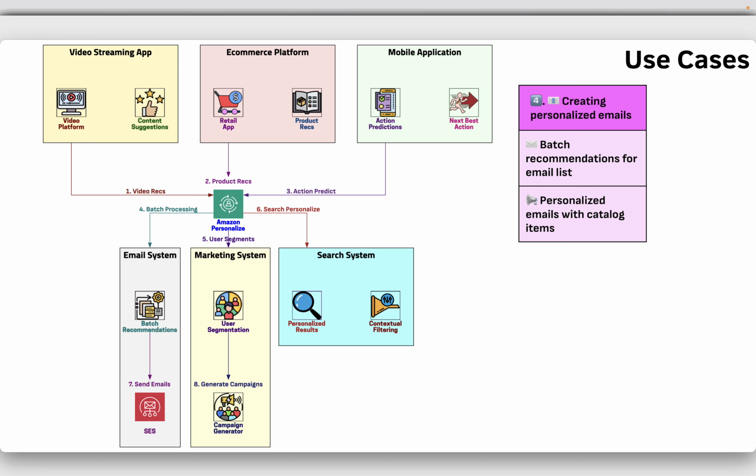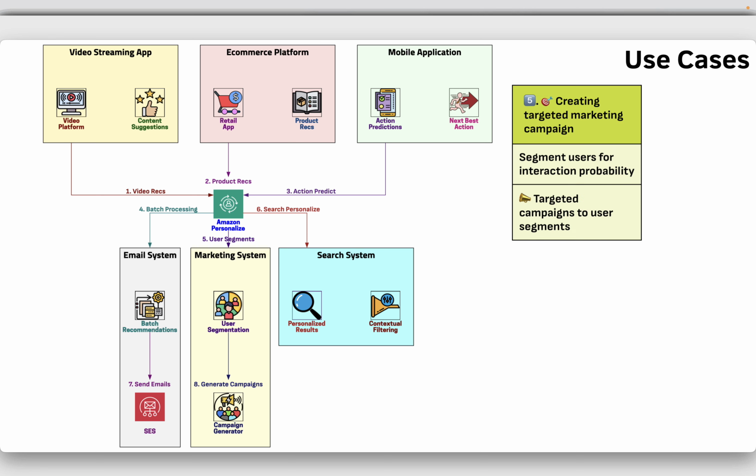Fourth, you can create personalized emails. So here you can use customizable Amazon Personalize resources to generate batch recommendations for all users on an email list. Then you can use an AWS service or third-party service to send users personalized emails recommending items in your catalog.